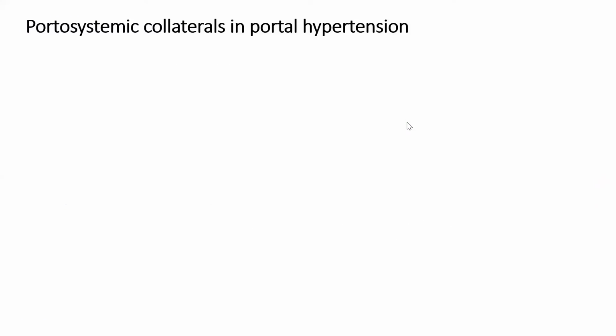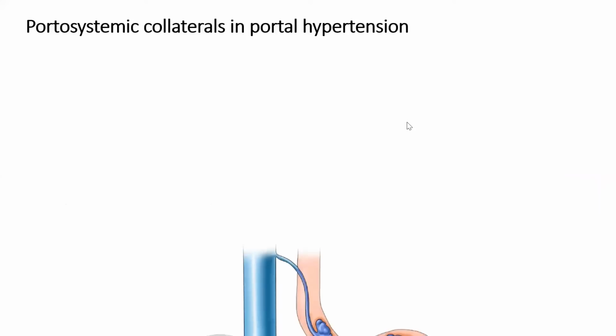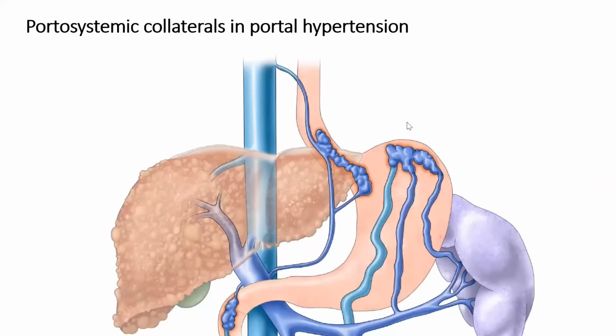Now, we'll start with the anatomy, and I'll talk about the portosystemic collaterals in portal hypertension. There are common portosystemic collaterals that we encounter, namely esophageal varices and gastric varices. Collaterals that are present in the gastrointestinal tract are commonly referred to as varices, whereas those outside the gastrointestinal tract are called collaterals.